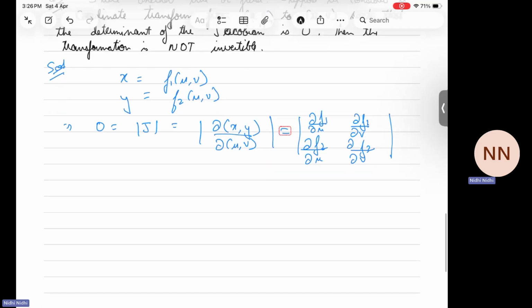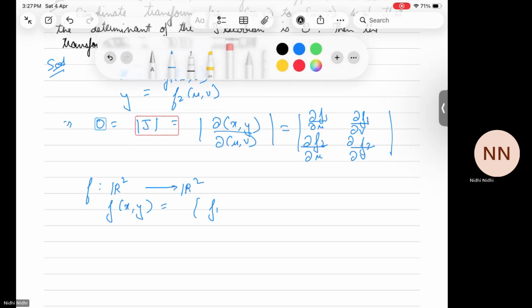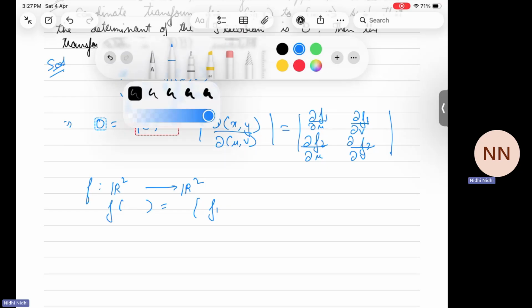Now if I define a function f from R2 to R2 such that f at any point uv is equal to f1 uv, f2 uv, so that it's clear for you to understand.